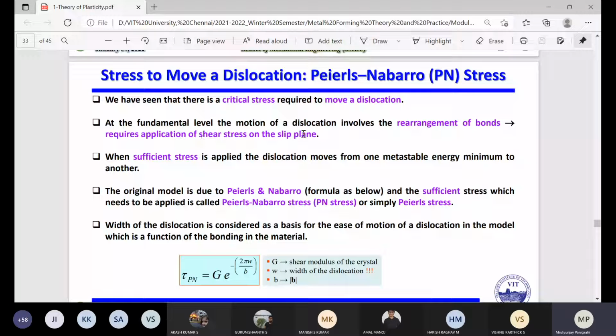At the fundamental level, the motion of a dislocation involves the rearrangement of bonds. Initially, if you see the perpendicular lines, you have bonds there, and you have to rearrange those bonds to move the dislocation. It requires the application of shear stress on the slip plane. When sufficient stress is applied, the dislocation moves from one metastable energy minimum to another.